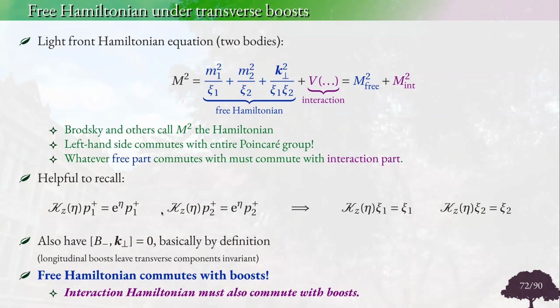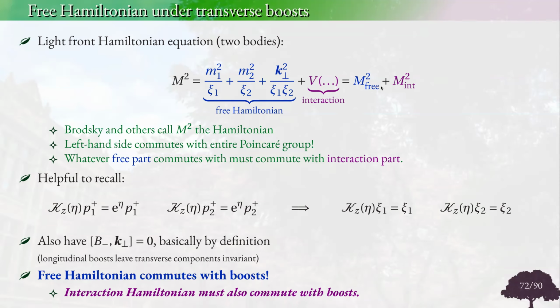So if you take the ratio of two plus component variables, so P1 plus over big P plus, it's going to be invariant under these longitudinal boosts. You also have that K perp, the relative transverse momentum, is invariant under longitudinal boosts because longitudinal boosts leave transverse components alone. So the free Hamiltonian commutes with all of your light front boosts.